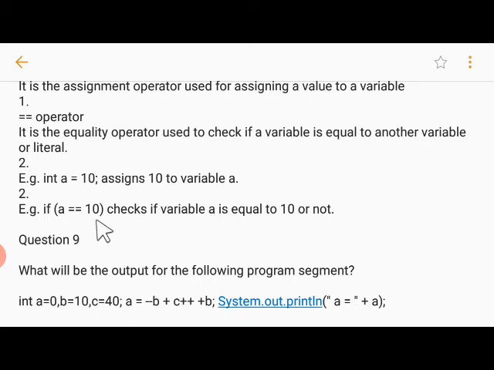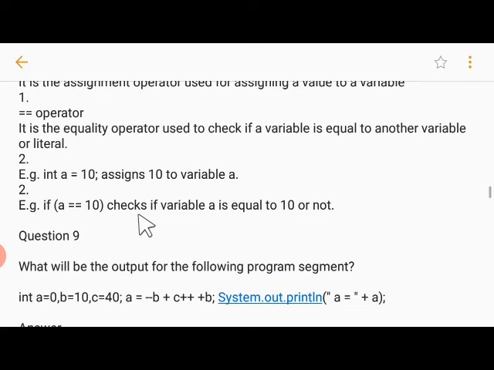So here, in the assignment, a has got the value 10, and here it will check. If a is 5, this will become false, because 5 cannot be equal to 10. But if a is 10, that means 10 equal to 10, that will return the boolean value true, because 10 is definitely equal to 10.